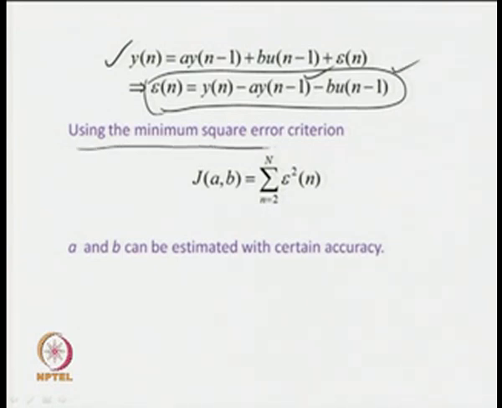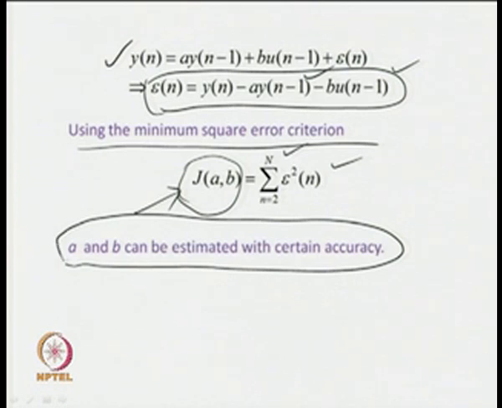Then using the minimum square error criterion, it is possible to optimize the performance index J, which is defined as J is equal to the sum of n from 2 to N epsilon square n. Now, this optimization can give A and B with certain accuracy. This is how one can get better values of A and B with less estimation errors.